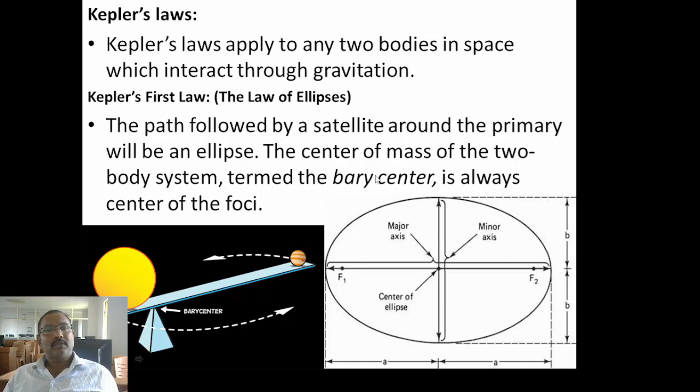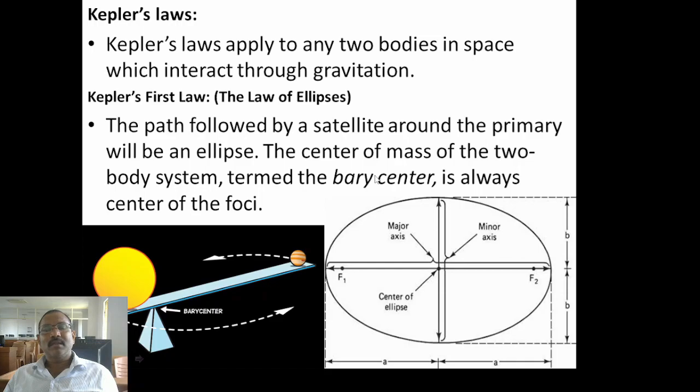The first law applies to any two bodies in space which interact through gravity. So gravitational pull should be there. According to the first law, the path followed by a satellite around the primary will be an ellipse.